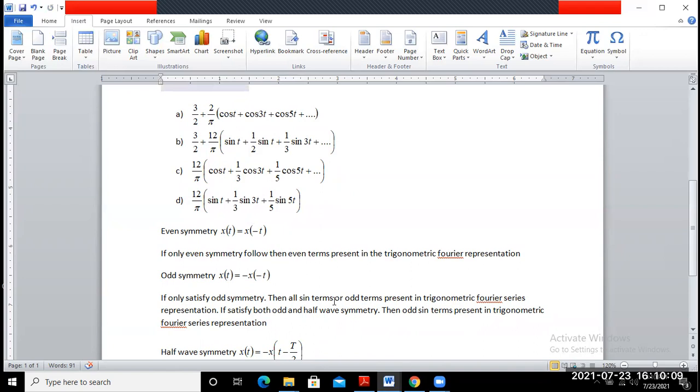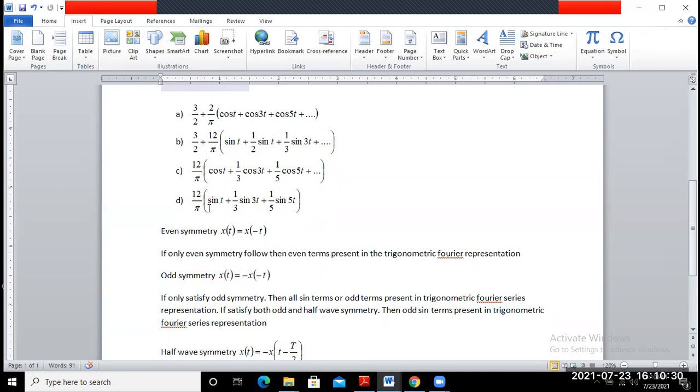So now you can cancel out option C, since this follows odd symmetry and consists only of sine terms. So this option is correct.